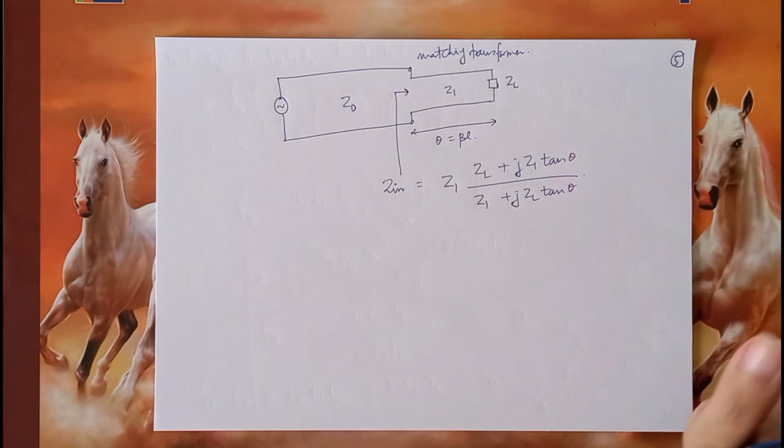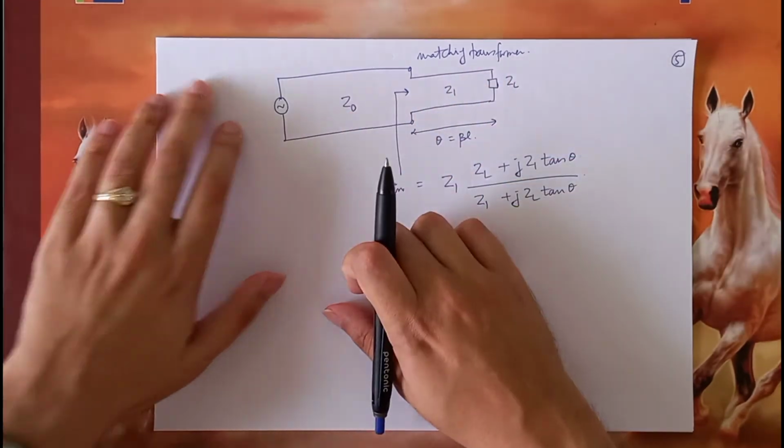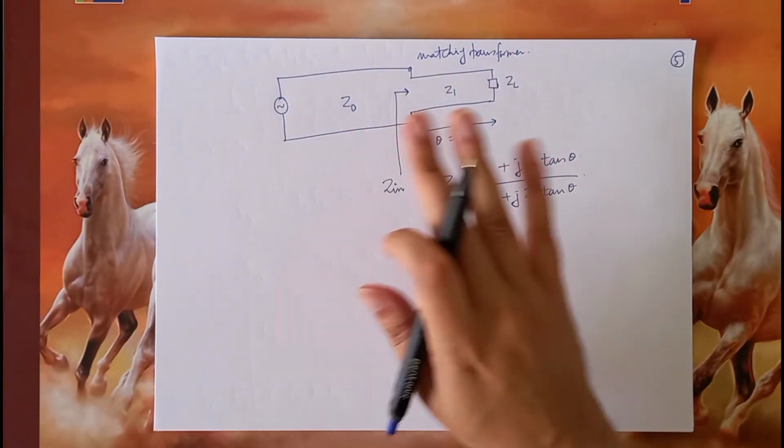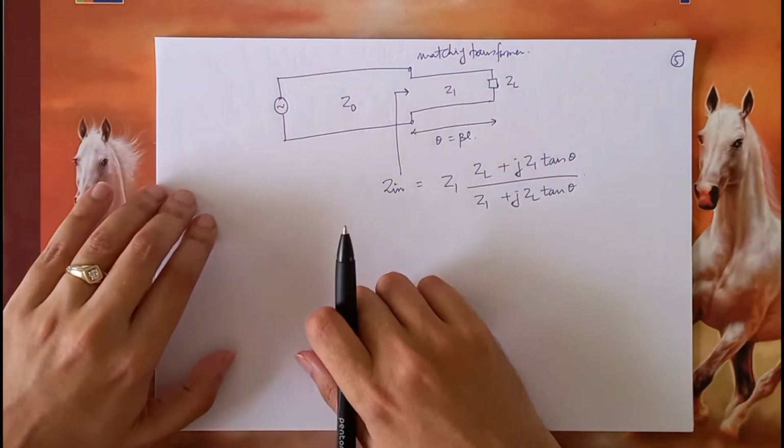Later you can put theta as pi by 2 and you will arrive at the relation that Z1 should be the geometric mean of Z0 and ZL, which is precisely what we obtained in the previous lecture. But this is not what we are doing right now.